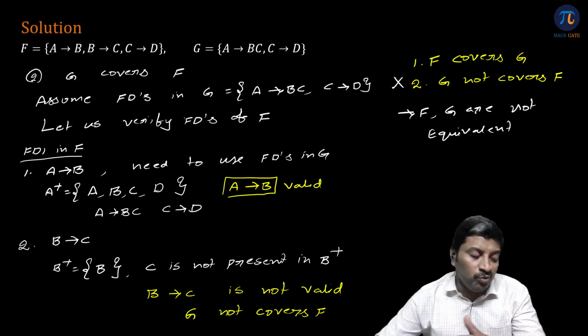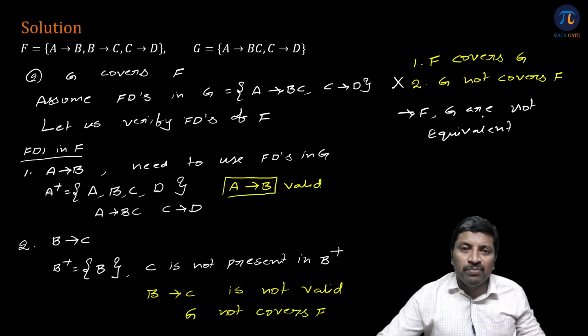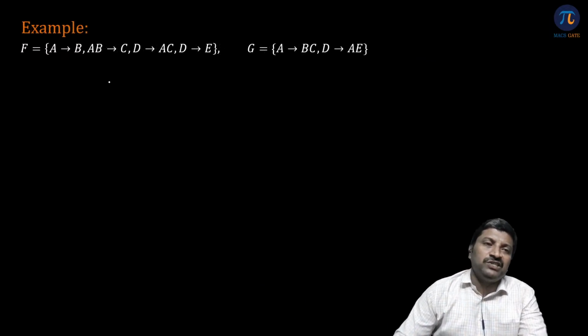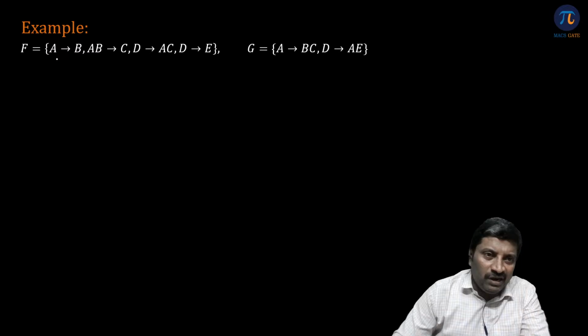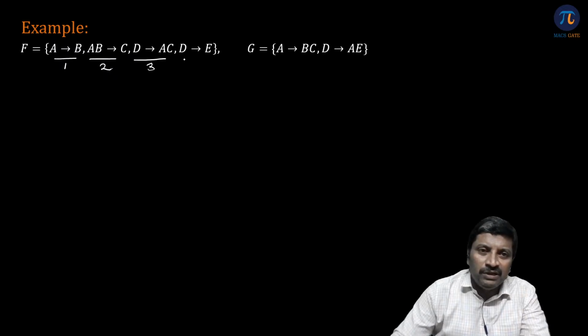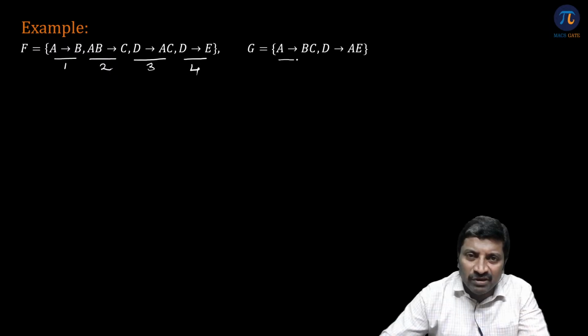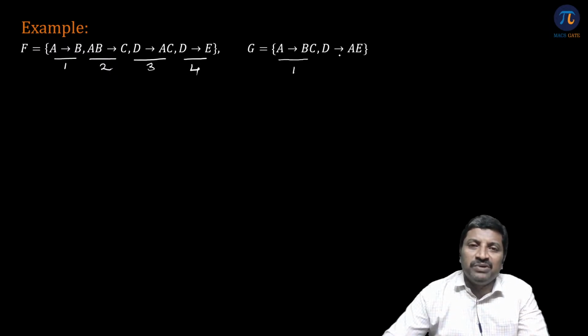So let us do one more example. Let us consider this. In F, I have A implies B, AB implies C, D implies AC, D implies E. Four functional dependencies. In the second, I have only two: A implies BC, D implies AE.